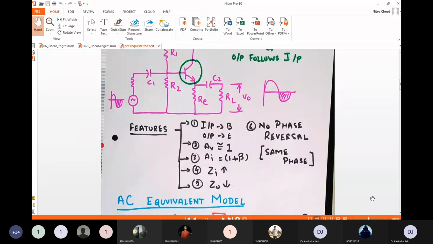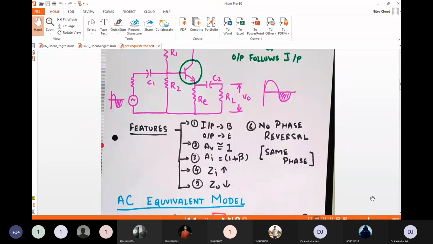Now, basically, what we have done is we have done various circuits and we have tried to understand how these circuits amplify a small level signal.